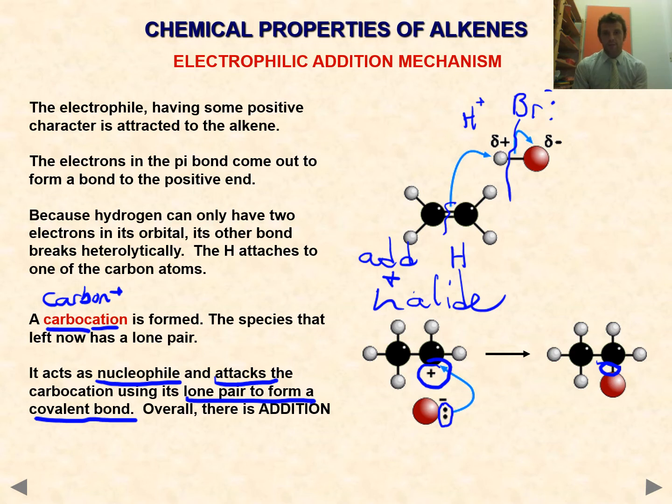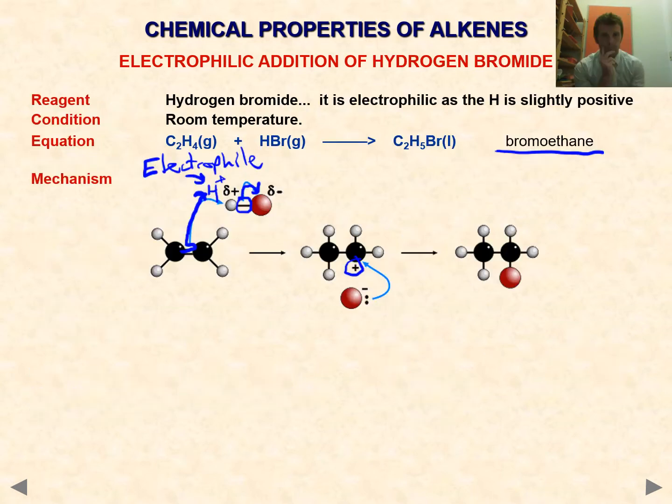So we add a hydrogen, and I'm going to just write halide. Right here we can see the full mechanism as it plays out. So these two, first off, this bond will break and it jumps over here to create this negative, so we end up for a very split moment with an H plus. This is my electrophile.